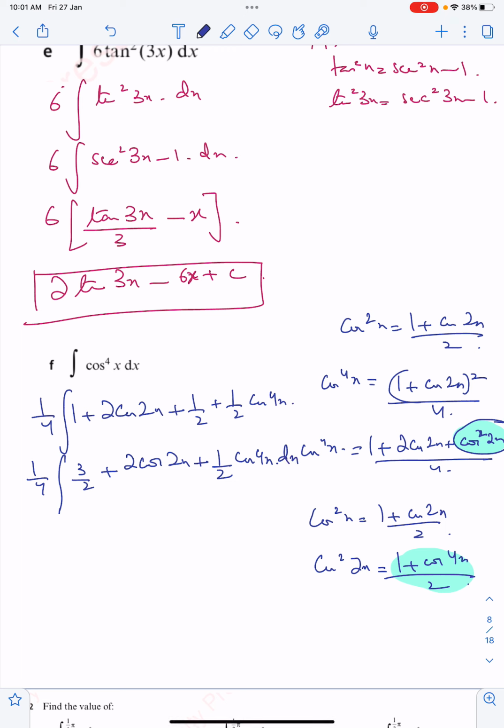Now I'm going to start with the integration process. 1 upon 4, integration of 3 upon 2 is 3 upon 2x. Integration of cos of 2x is sine 2x divided by 2, plus 1 upon 2 cos of 4x, whose integration is sine of 4x divided by 4.